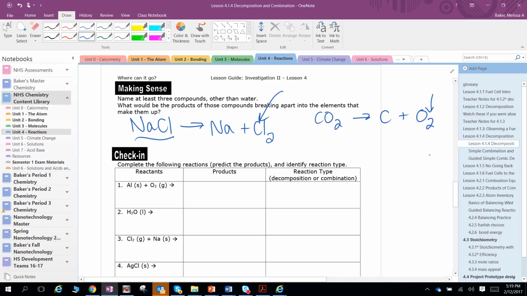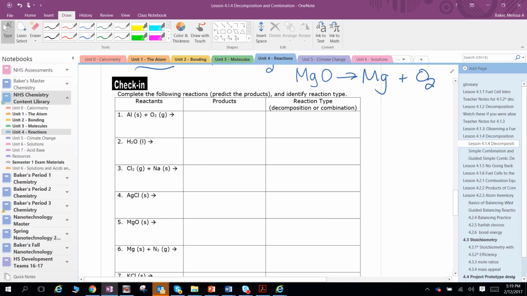Again, oxygen getting a 2 because it's one of those 7 diatomic elements. And then another thing that you might think of breaking apart, let's see, I'm just going to pick a random one, magnesium oxide. Breaking apart would form magnesium and O2, since, again, that's a diatomic element.